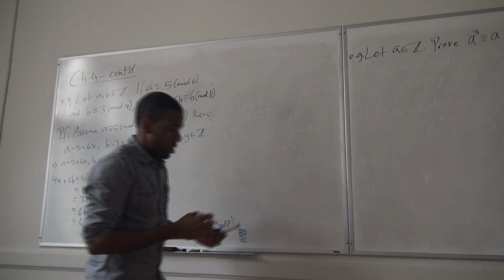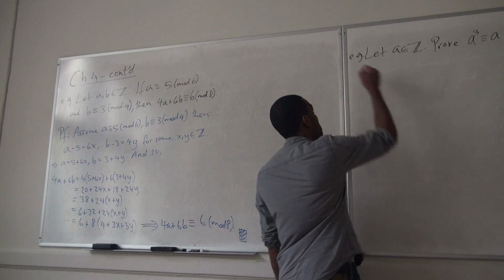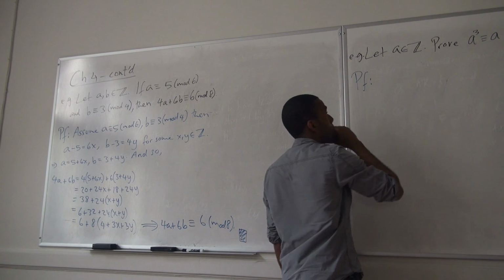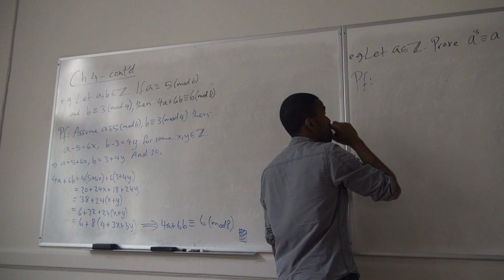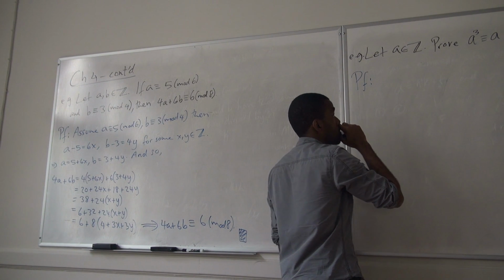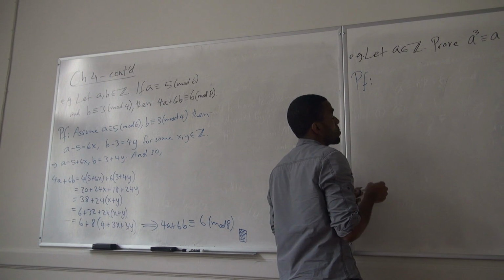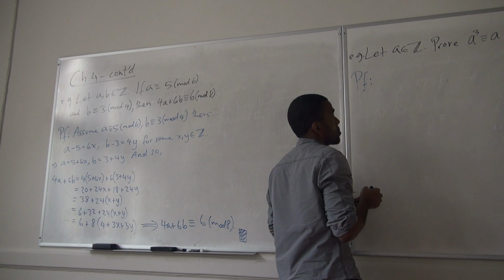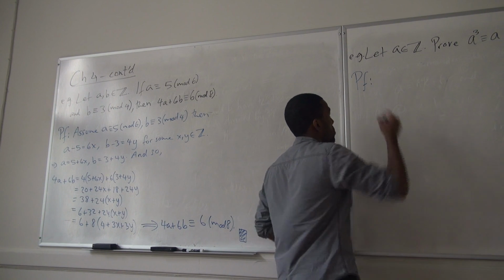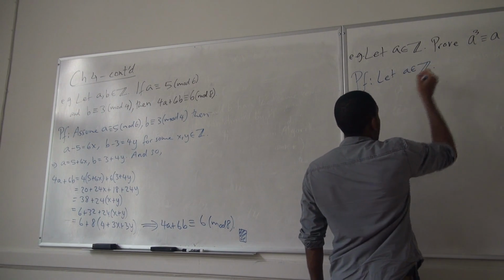How do you prove that the cube of an integer is always equivalent to itself mod 3? So let a be an integer.